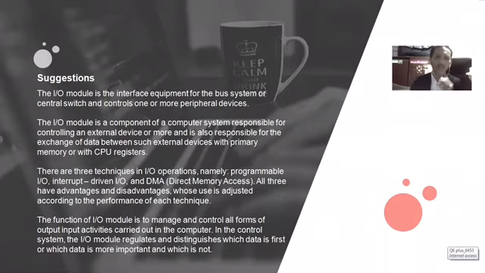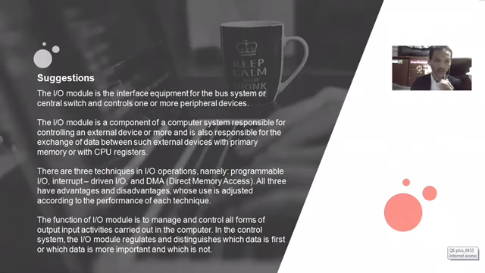There are three techniques in I/O operation, namely programmed I/O, interrupt-driven I/O, and DMA, or direct memory access. All three have advantages and disadvantages, and their use is adjusted according to the performance of each technique.